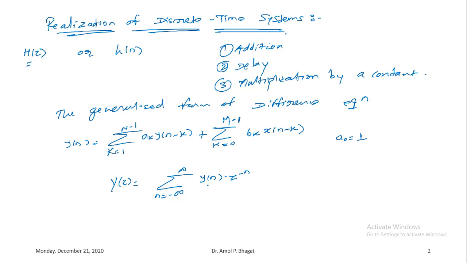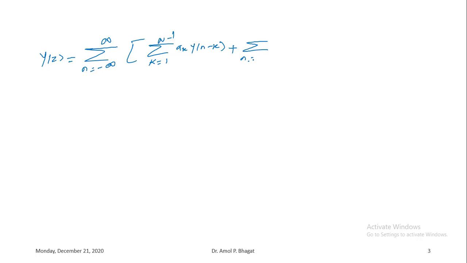Just for example, if I'm replacing this y of n with this equation, I will get the equation for y of z as summation n equals minus infinity to infinity, in place of y of n I will write summation k equals 1 to n minus 1 ak y of n minus k, plus summation n equals 0 to m minus 1 bk x of n minus k, into z to the power minus n.